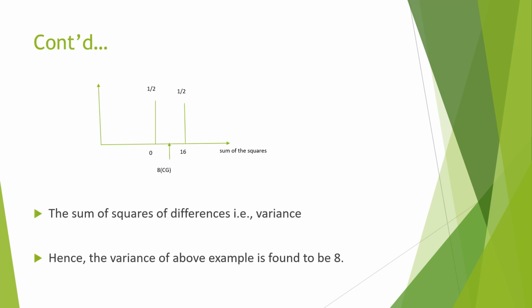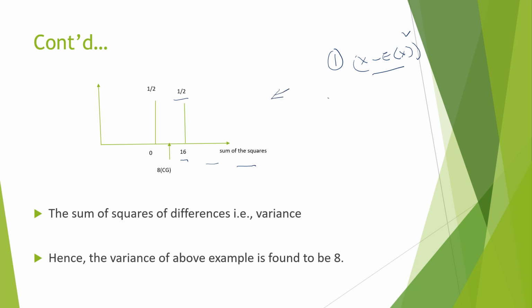From the previous diagram, we got this diagram, the squares. We can see that we have two similar terms, 16 with 1 by 4 and 16 with 1 by 4. If we add, we get 1 by 2. So in this diagram, we have two terms, 0 with 1 by 2 and 16 with 1 by 2. In the first step, we calculated (x minus E[x]) whole square, which is given by this diagram.